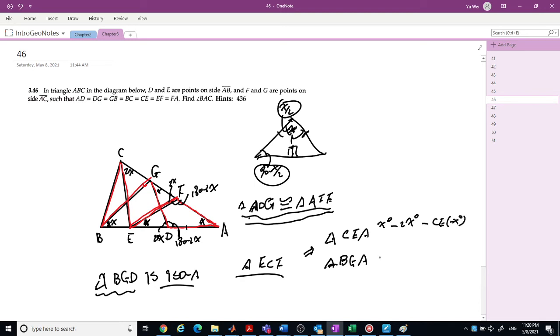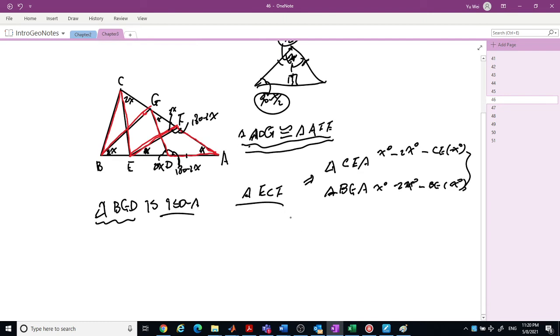And in BGD, we have angle X and angle 2X, and BG is also opposite to X, right? So according to AAS, these two triangles are congruent.